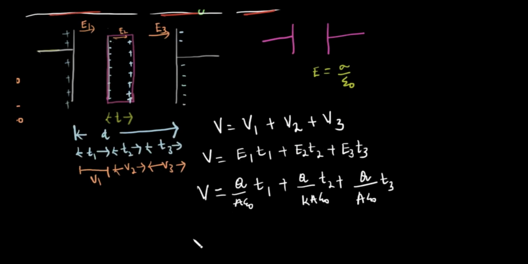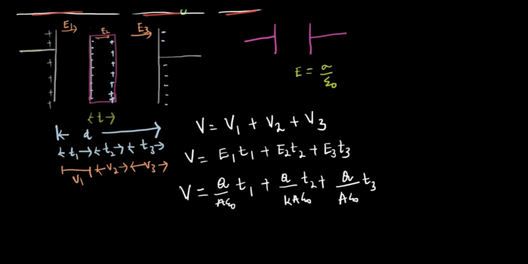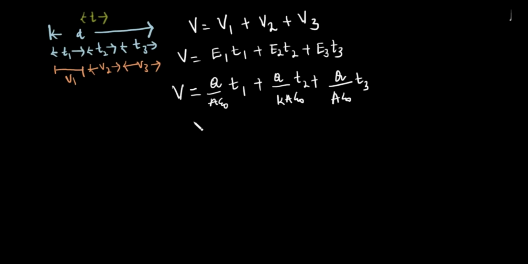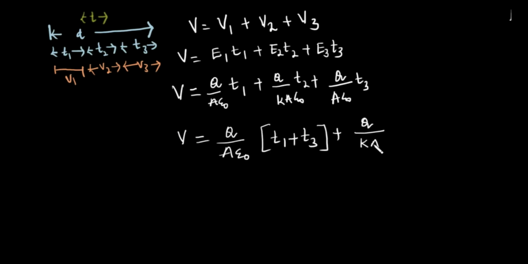So this is equal to V. Now I can take q by A epsilon naught common. So V is equal to q by A epsilon naught times (T1 plus T3) plus q by K A epsilon naught into T2.